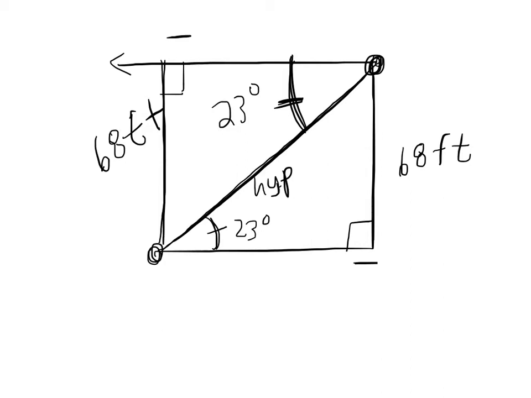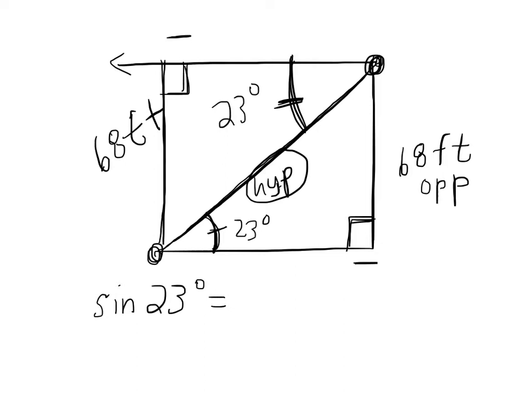So, from the trigonometry we've already worked with and you've already learned, you know that this angle, this side is 68 feet, the height of the tree, is opposite, and you already know this is hypotenuse because it's opposite of your right angle on either one of your triangles. So opposite over hypotenuse is sine. So we would say the sine of 23 degrees is opposite, which is 68, over hypotenuse, which we don't know.